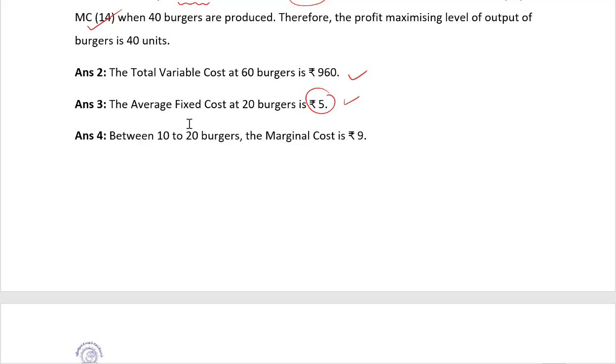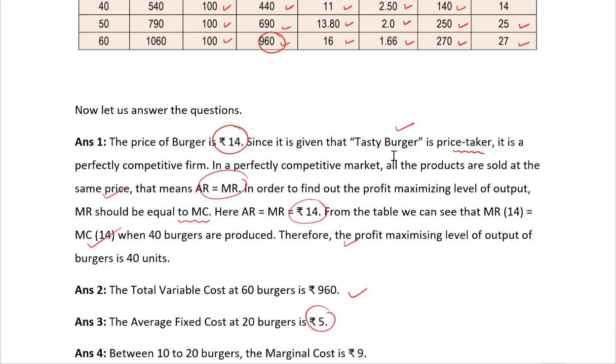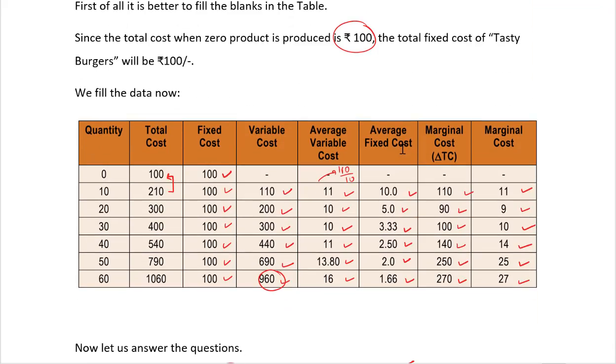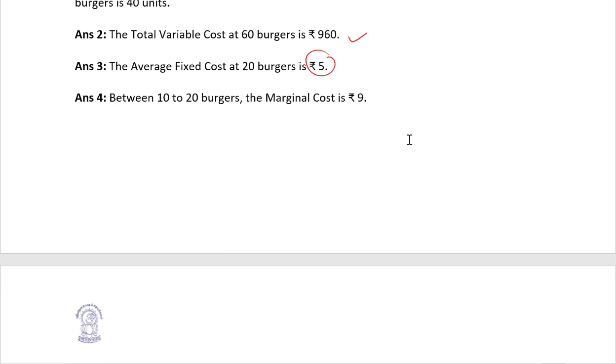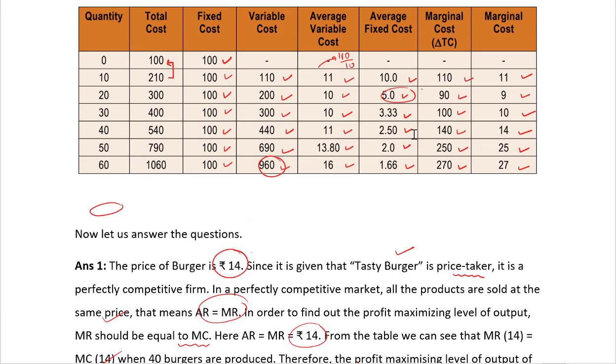At 20 burgers, average fixed cost is 5 rupees. Between 10 and 20, the marginal cost is 9, because earlier it was 11 and then we have 9, so marginal cost is 9.